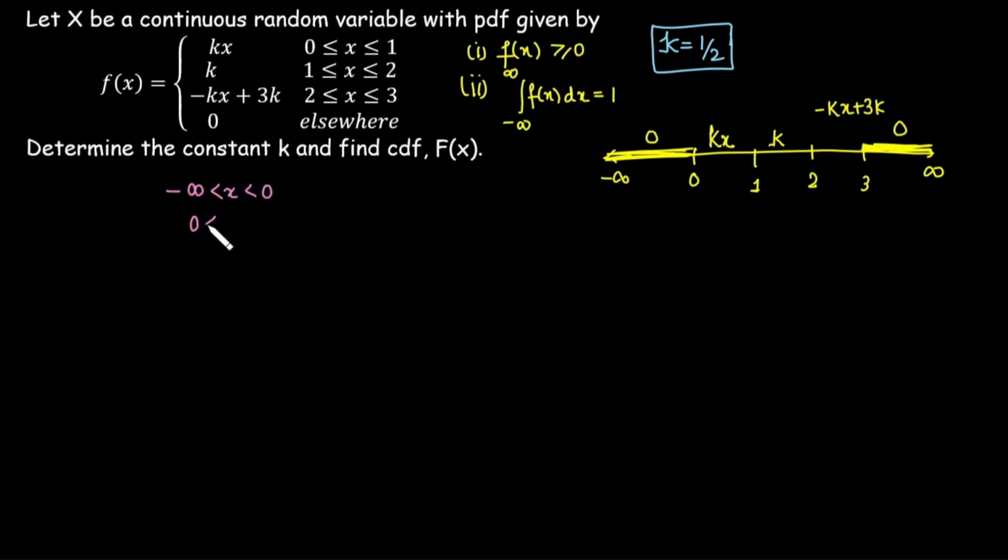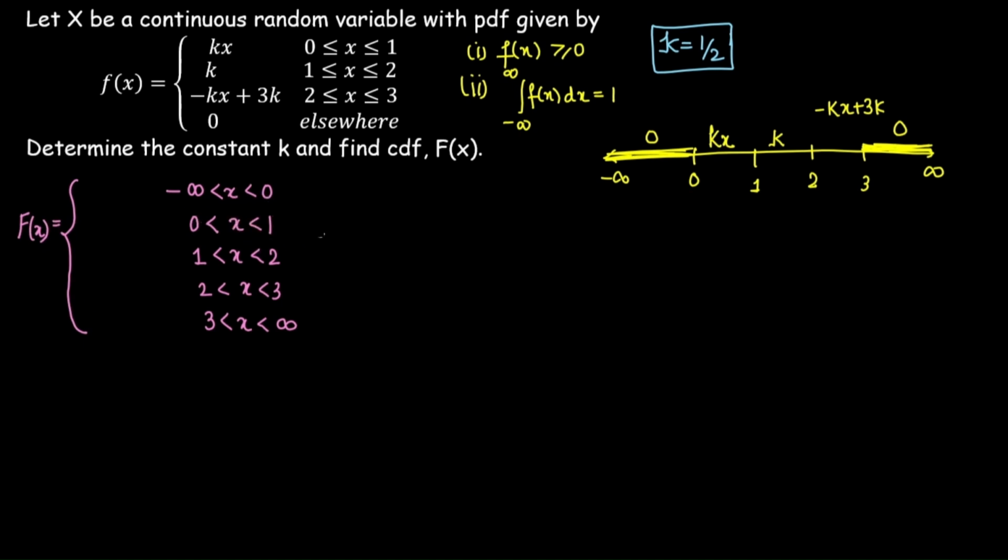Second is 0 to 1. Then 1 to 2, then 2 to 3, then 3 to infinity. So we are getting 5 different values in the cumulative distribution function.